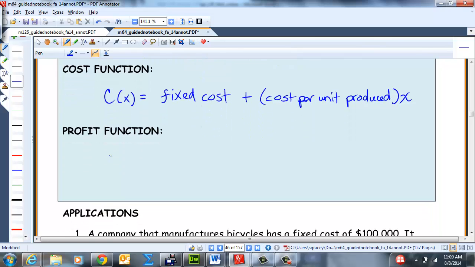So it turns out that the profit function is equal to the revenue function minus the cost function.